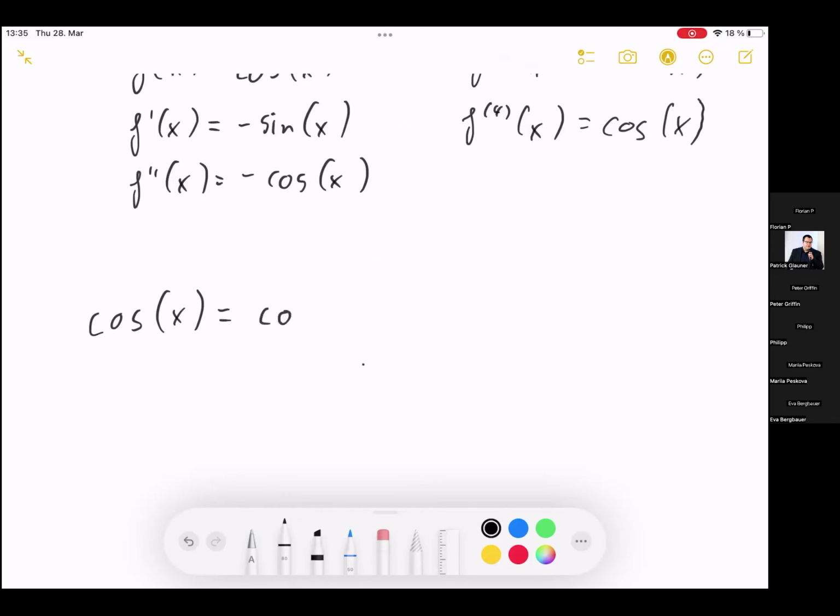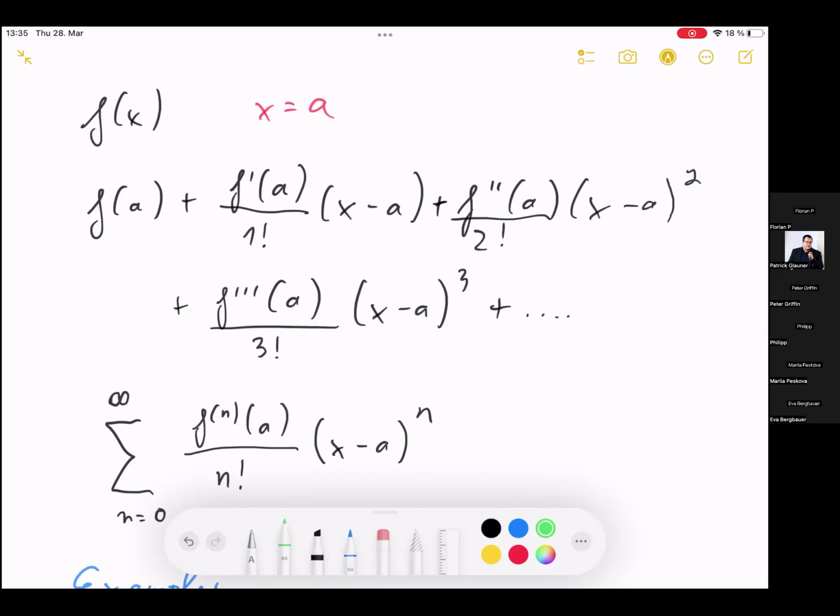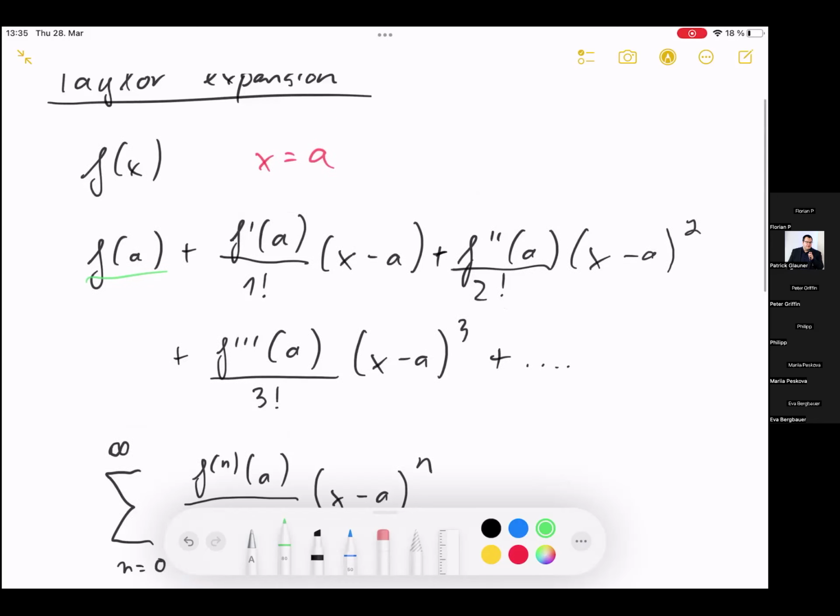We'll later use a concrete value for a. So I write a in blue. Cosine of a is the first part of the approximation.